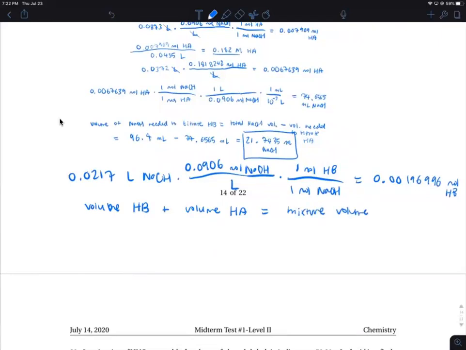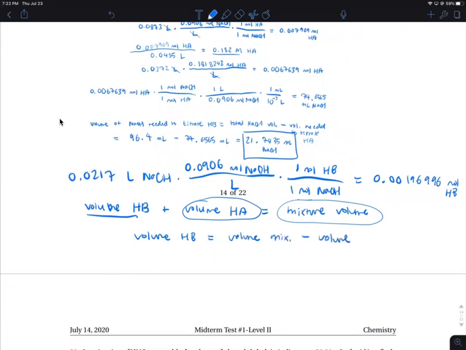So if we have this, then we can easily find this by subtracting from the mixture volume the volume of HA. So the volume of HB is going to be volume mixture minus volume HA.